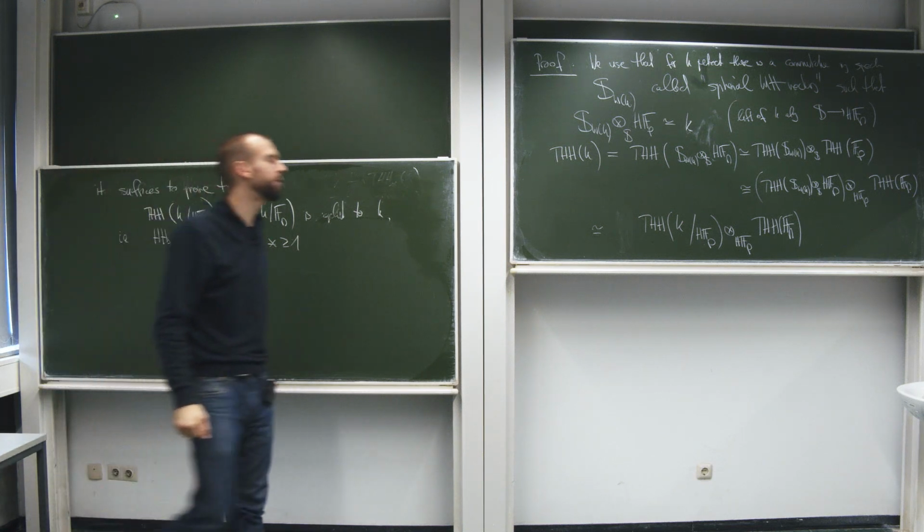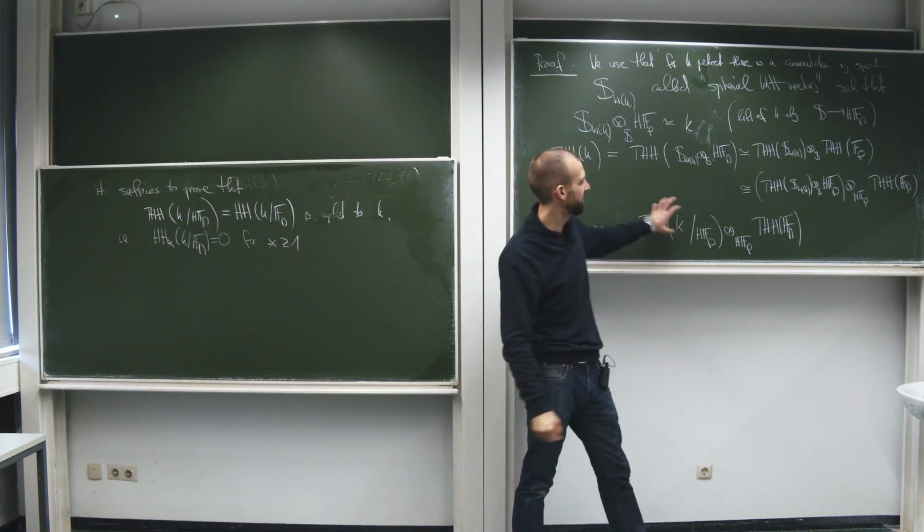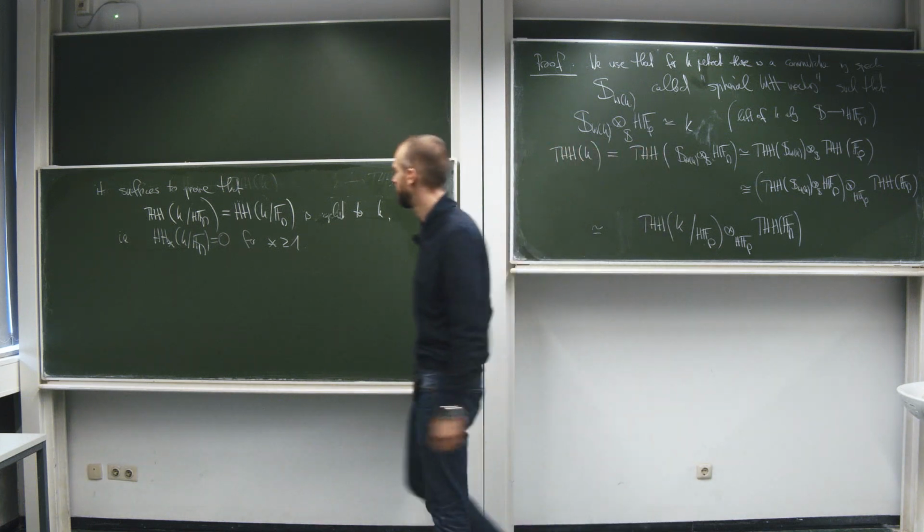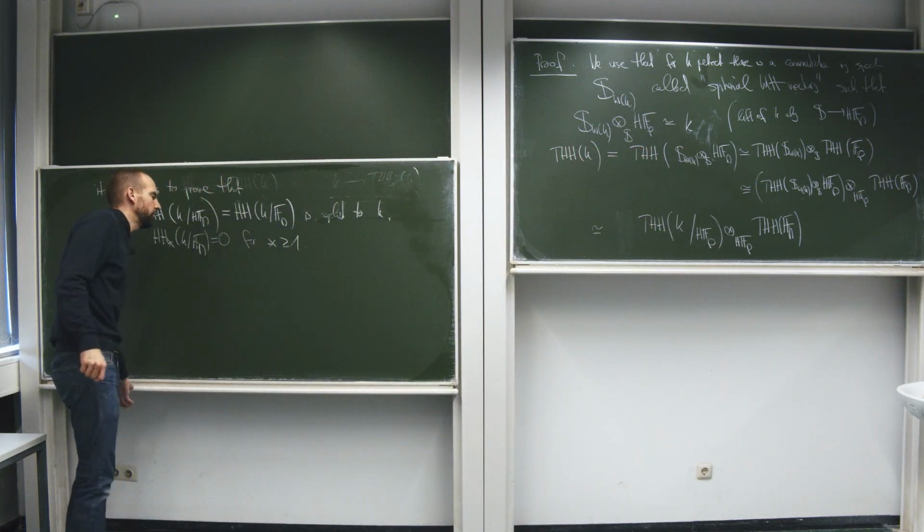Remember, in the end we wanted to prove that THH of K is K tensor THH of Fp. And so in order to achieve that, it suffices to prove this.